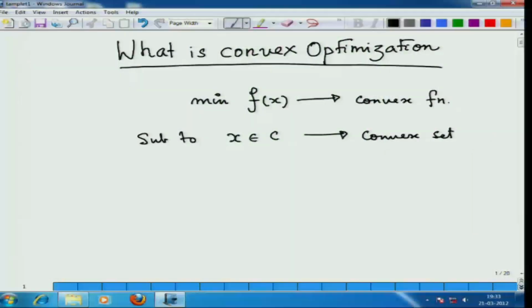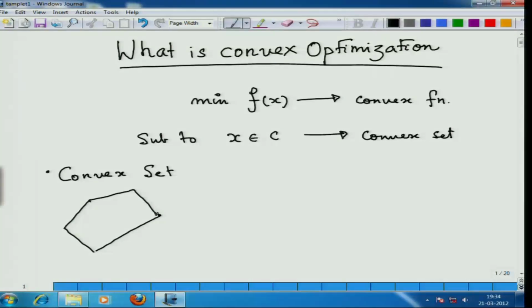So, going back, we will first define what is a convex set. Simply put, convex set means that if I take a set, in general in Rn, but as always we will look into the pictures in R2, and take 2 points x and y in this set, any 2 points, and join them by a line segment, then this line segment should also remain inside the set.